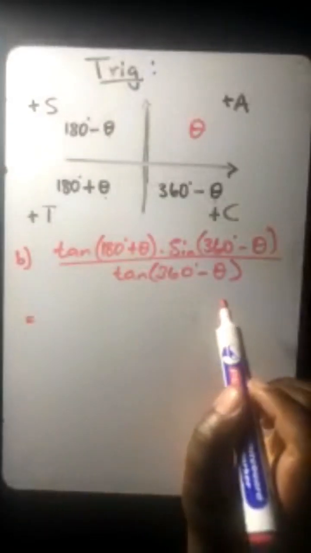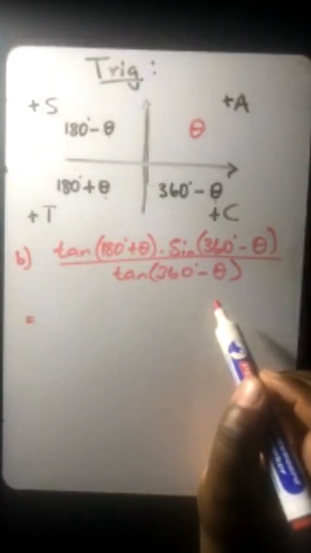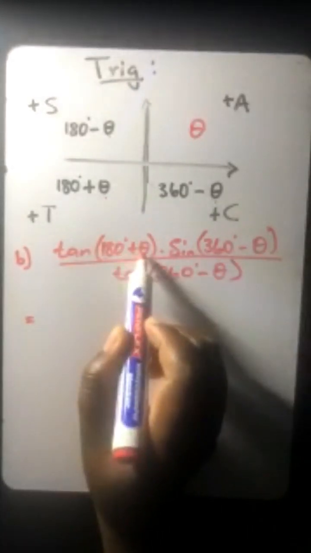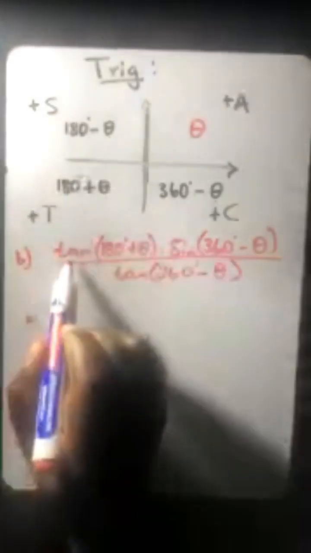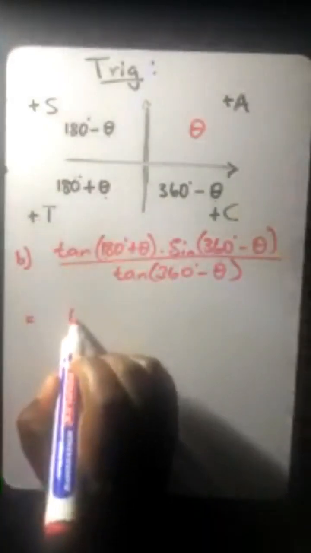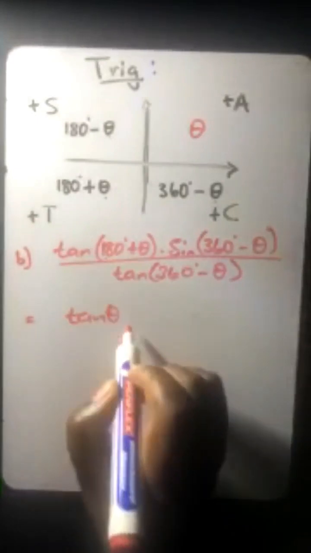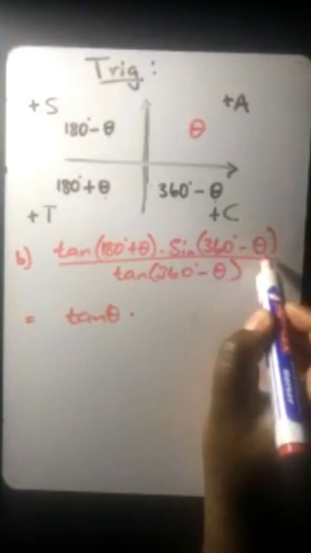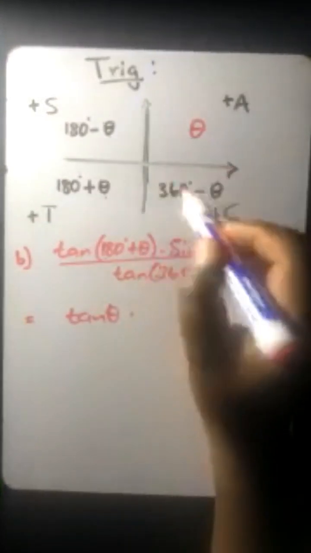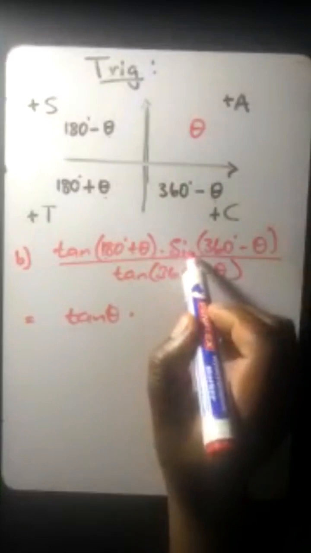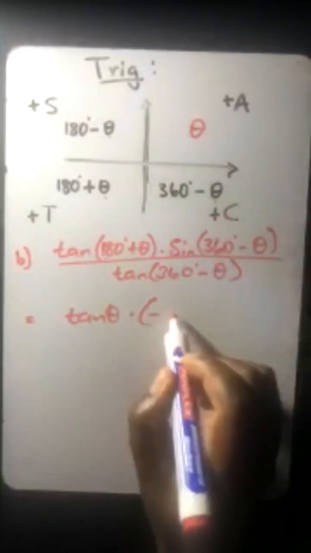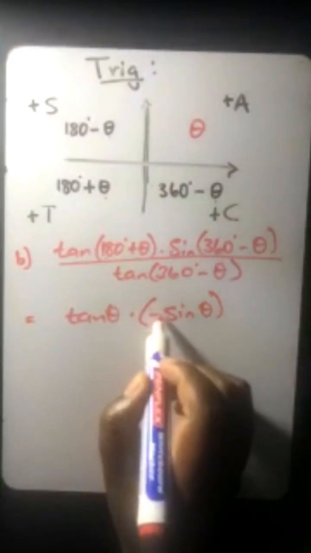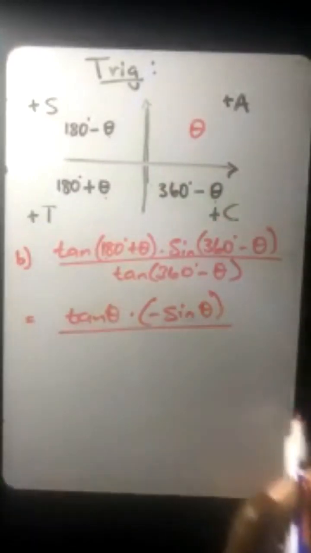Let me quickly work it out from my side, and you will let me know if you understand. Tan 180 plus, in which quadrant? This quadrant. Is tan positive? Yes, it's positive. That is why we say tan of angle. Can you see you have reduced it? Sine 360 minus, in which quadrant? In this quadrant sine is negative. Because it's negative, write it inside the brackets. Most importantly, this is a negative and not a minus. That's where you make a mistake.